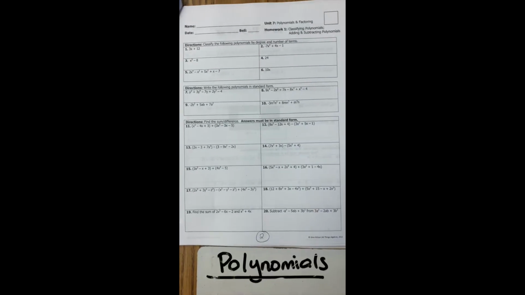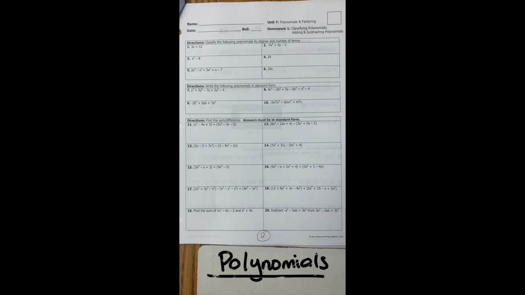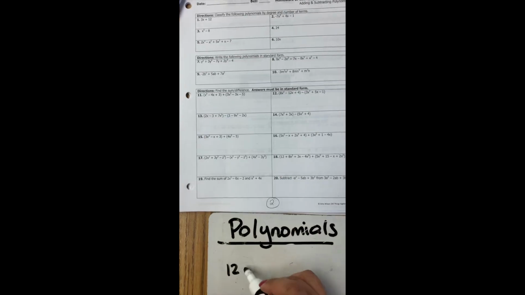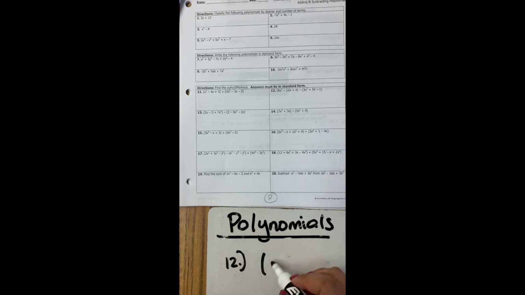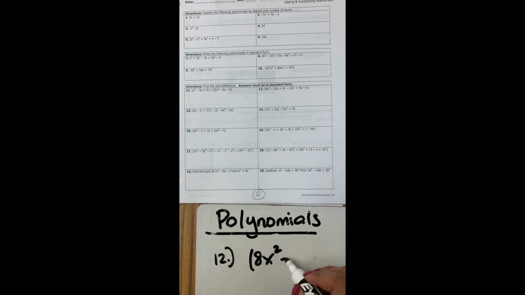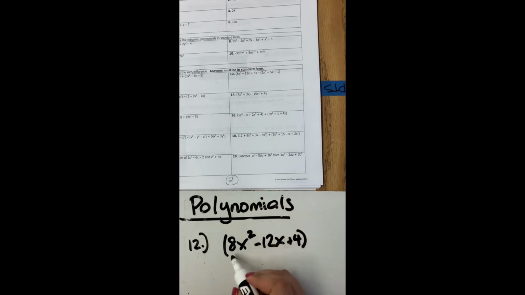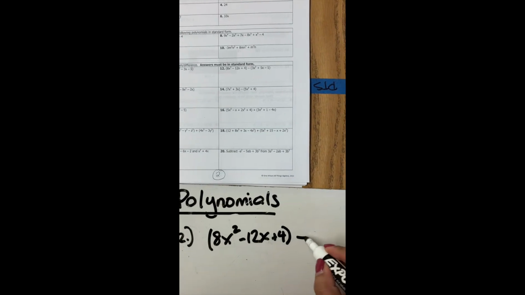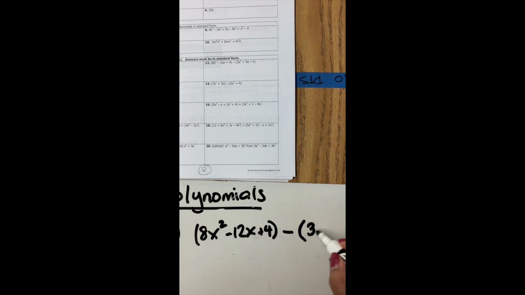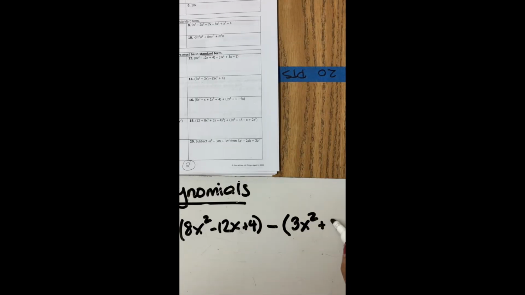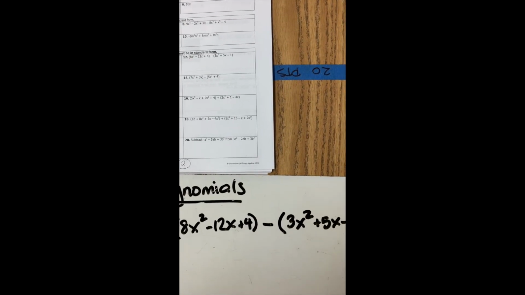Now we're going to try to add and subtract in standard form. Let's try number 12. Number 12 is 8x squared minus 12x plus 4. That whole thing is being subtracted by 3x squared plus 5x minus 1.